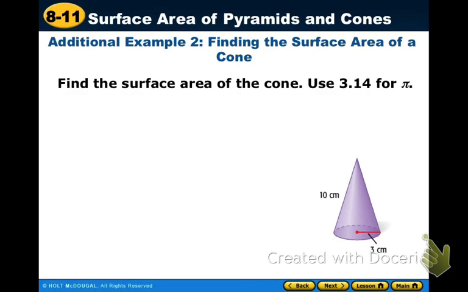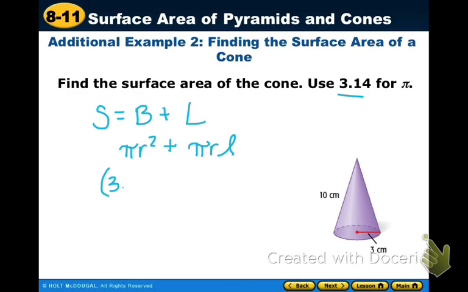So find the surface area. So starting with the formula, area of the base plus the lateral, so pi r squared plus pi r and slant height. We'll use 3.14 for pi.